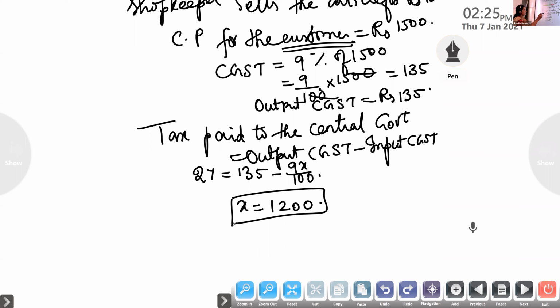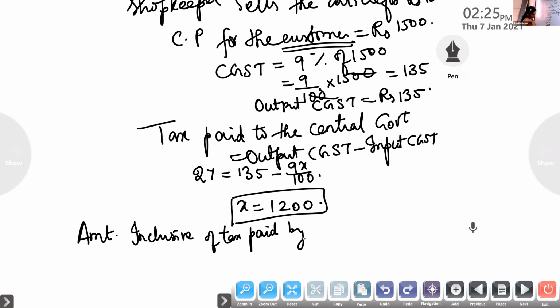Okay, but what is asked here? Look at the question. You are asked to find the amount inclusive of tax paid by the shopkeeper. So the amount paid by the shopkeeper will be cost price plus CGST plus SGST, isn't it?